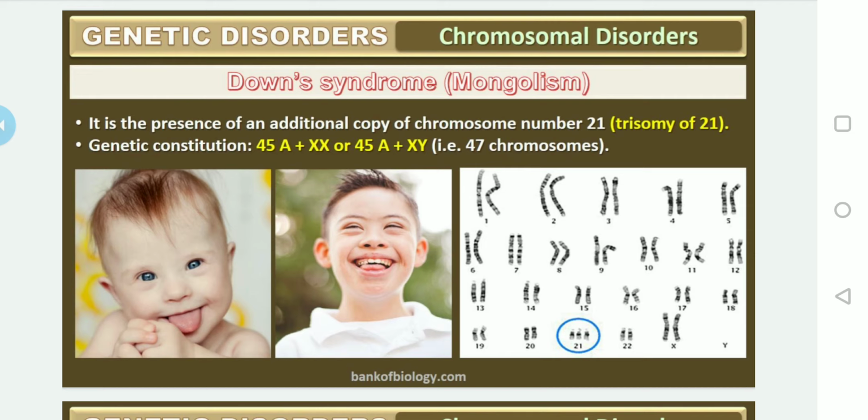It occurs in 1 among 1,000 births. Of course, it is rare, but still it is noticed. This incidence occurs in babies who are born generally to older mothers in late marriages.